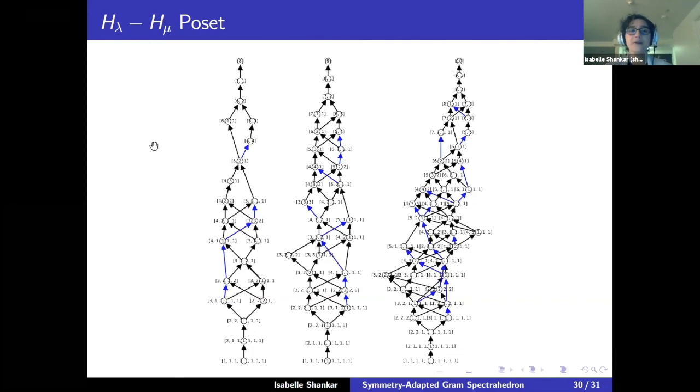So every arrow is a difference, an h lambda minus h mu, that has an SOS certification. The black arrows are also dominance order. So interestingly, for these partitions, at least in 3 variables, which is what we did, every time that the dominance order held, which by Cutler, Green, and Scandera implied non-negativity, we also got SOSness.